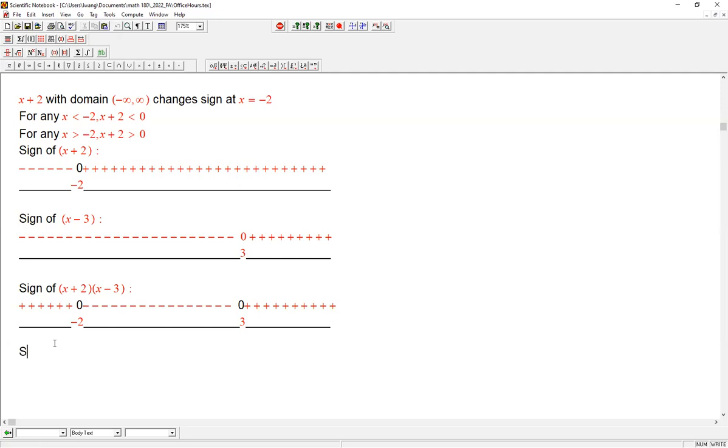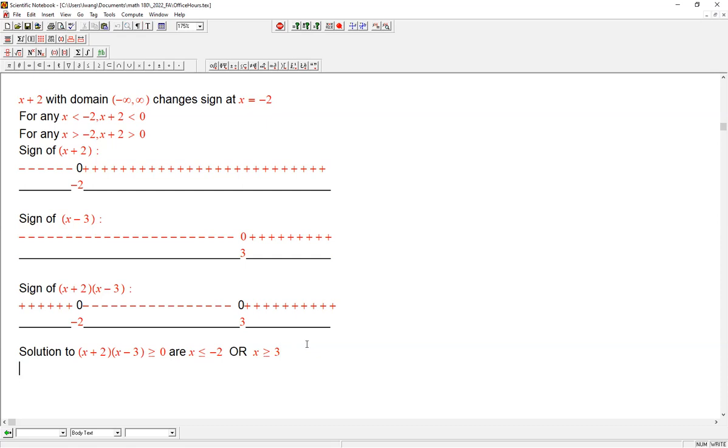So we would say the solutions to this inequality are all the numbers that make it equal to 0 or larger than 0, and those numbers are x less than or equal to -2, or x greater than or equal to 3. So this is the method we talked about in class.